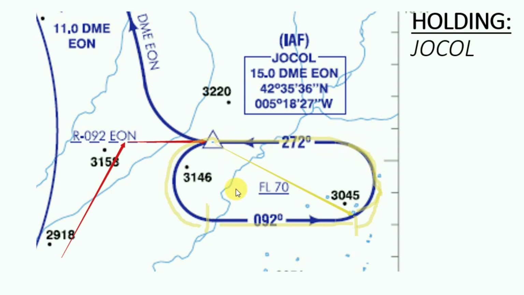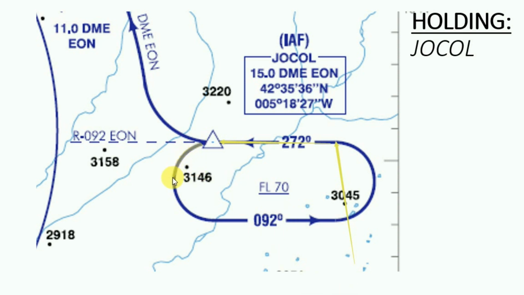That is the procedure that we will follow in case we reach the radial before DME 15. And in case we reach the radial farther away than DME 15, we continue following the radial to Jokol, and we will join, as you can see, on a direct entry.